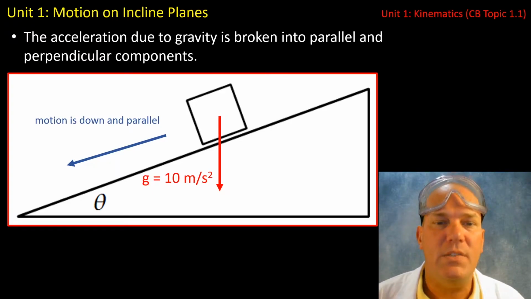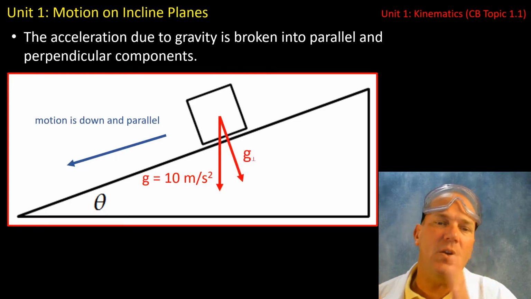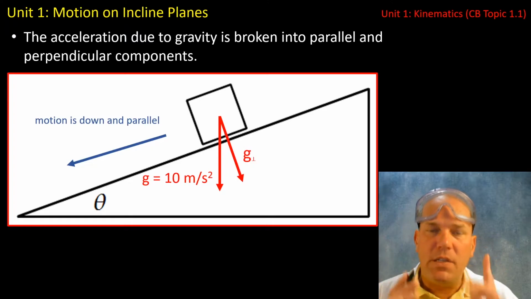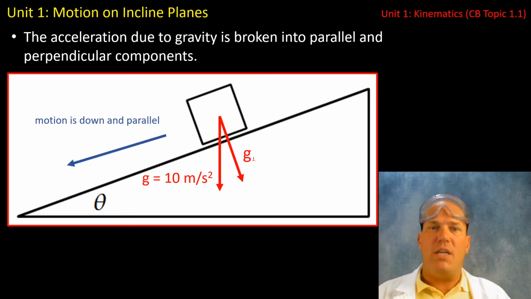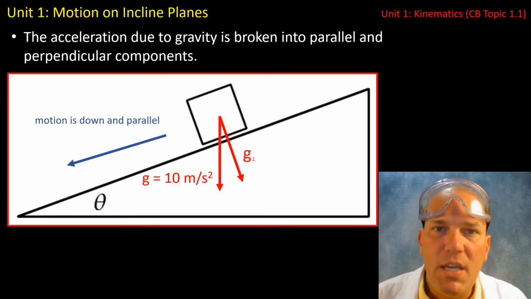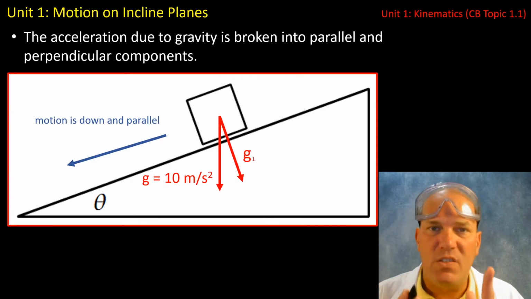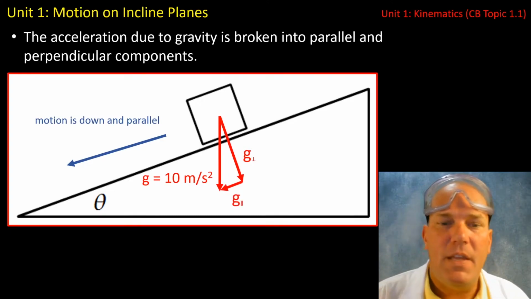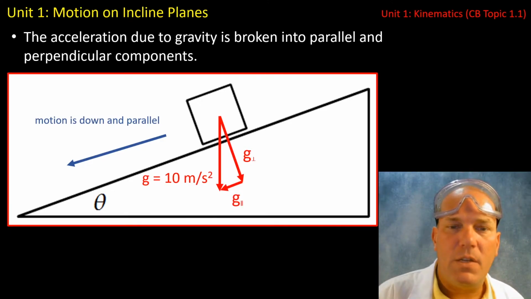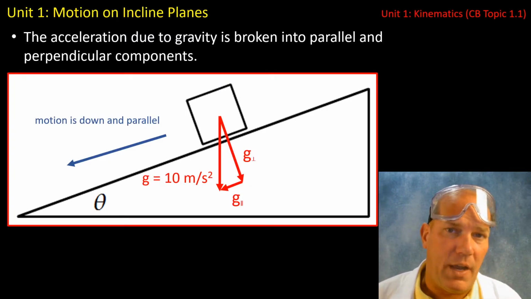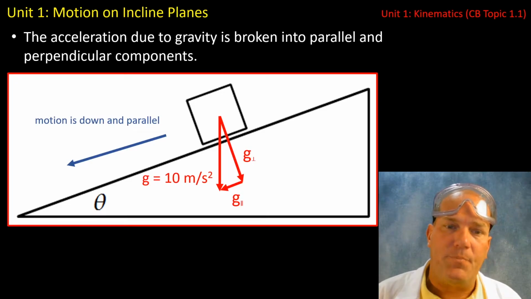So if you now resolve the acceleration due to gravity, little g becomes the hypotenuse. Little g is the resultant vector, and we resolve it into the parallel and perpendicular components. We can see the right-angled triangle on the screen here.